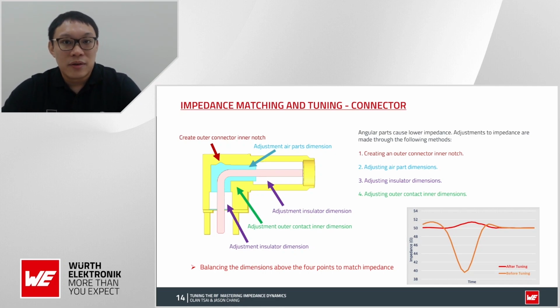But don't worry, the right angle connectors from our catalog in our warehouses are all already well tuned. So when you receive our right angle connectors, don't worry about it. It's already done for you.